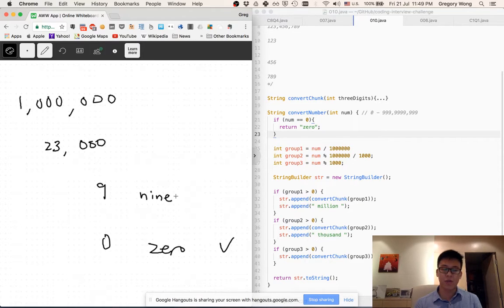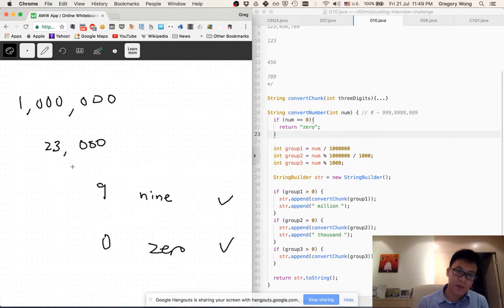Because when you append to the string builder, essentially you're just adding to what you're going to output. So return string builder to string here. You get 9, that's what we want, that's right.